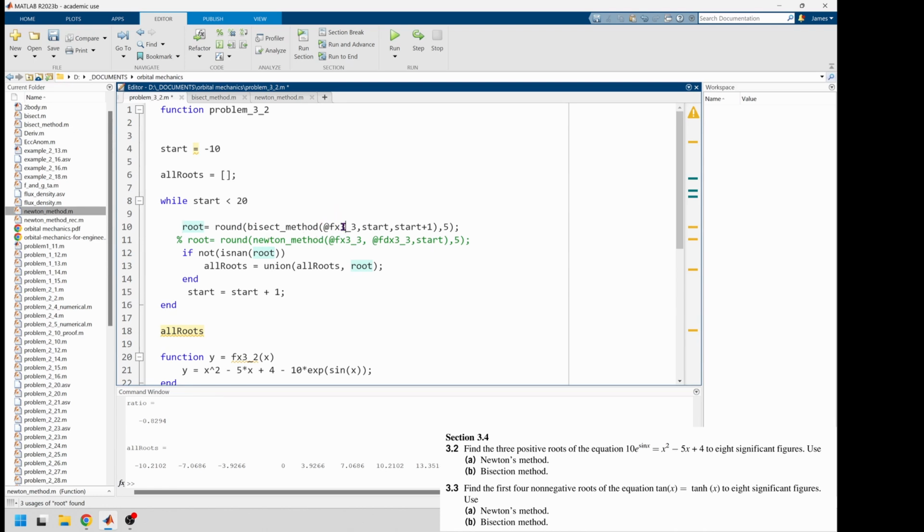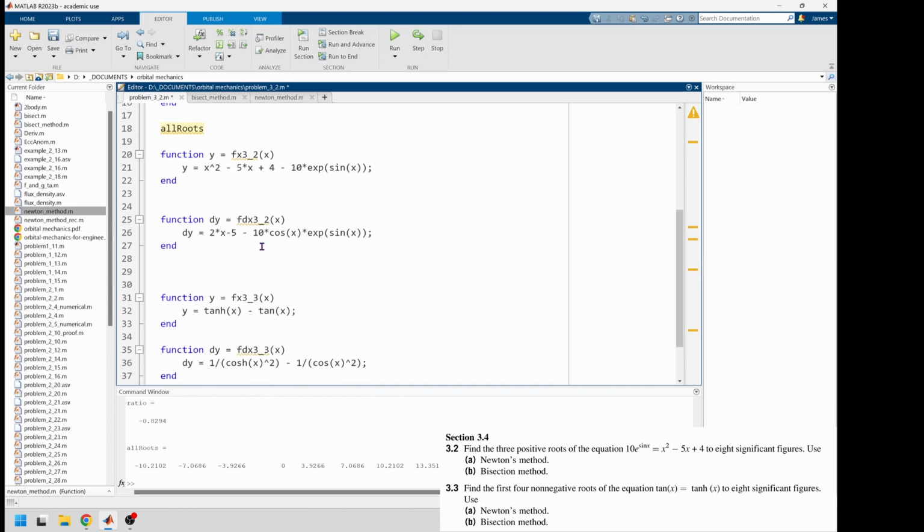The bisect method takes the function, your starting position, sort of a left position and a right position, and around the answer. The functions are down here. So this is our 3.2. This is the function given. This is the derivative, and this is 3.3, and this is the function. This is the derivative.